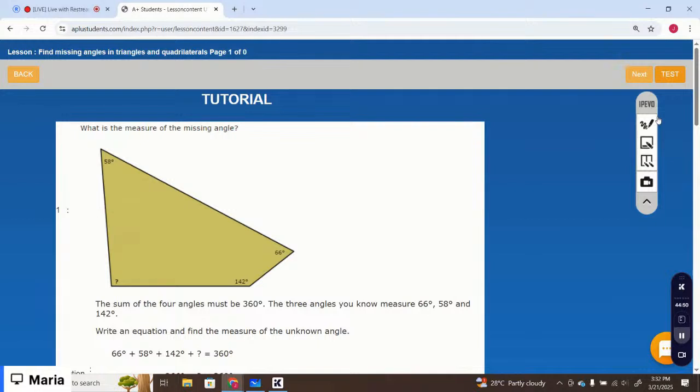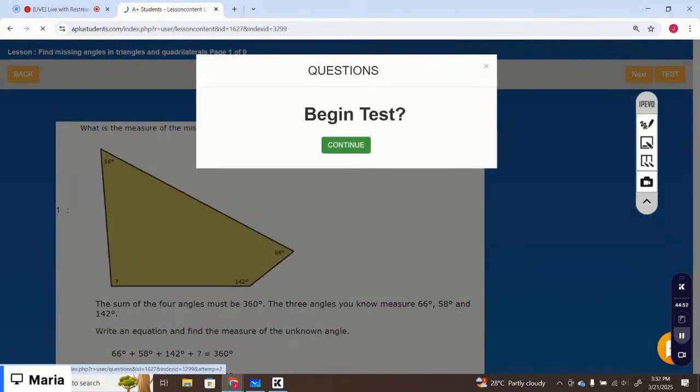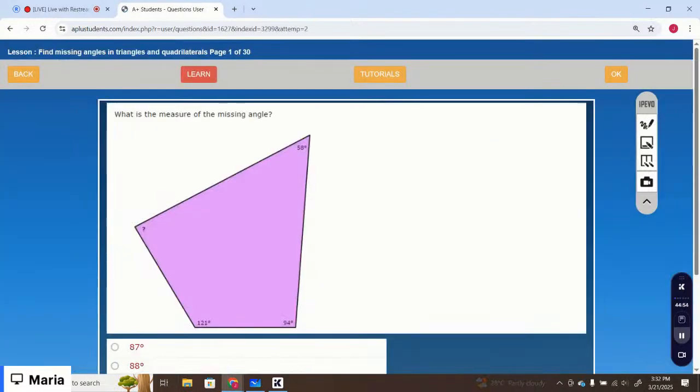Let's just start with the test questions. What is the measure of the missing angle?